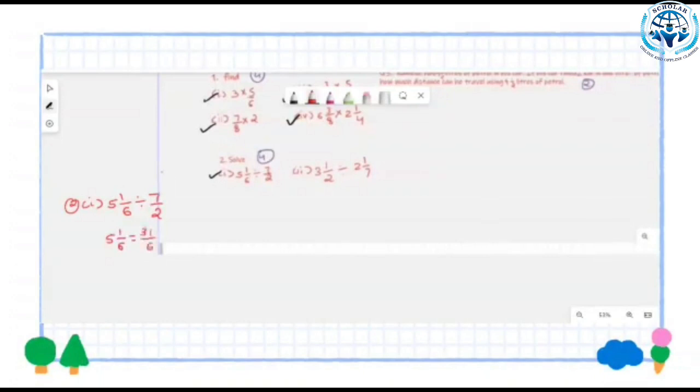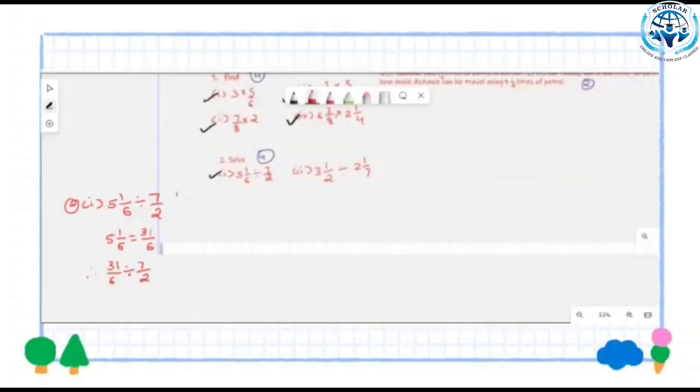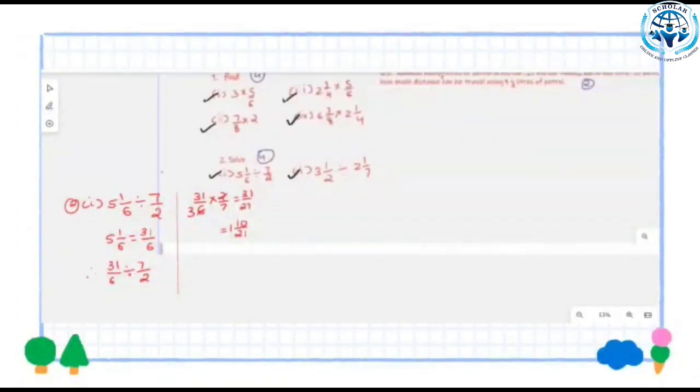We are dividing, so we will change the symbol of division into multiplication and invert 7 by 2 and get 2 by 7. So 31 upon 6 into 2 by 7. 2 3s are 6. 31 upon 7 3s are 21. In mixed fraction, it is 1 10 by 21.